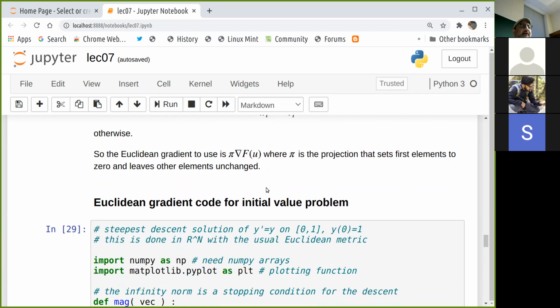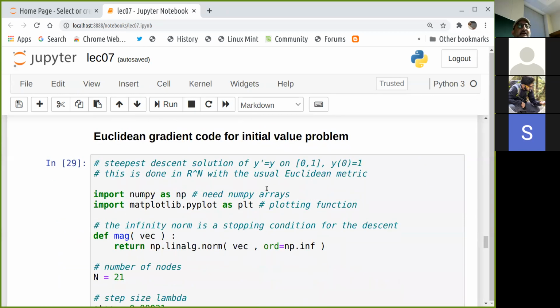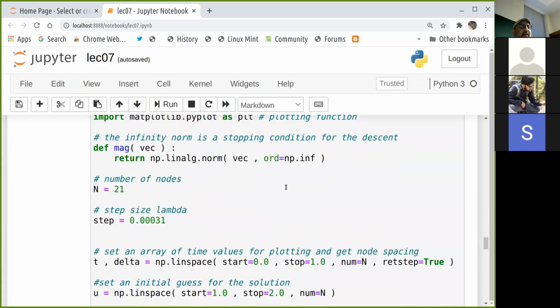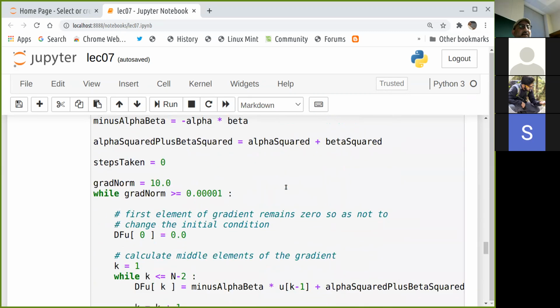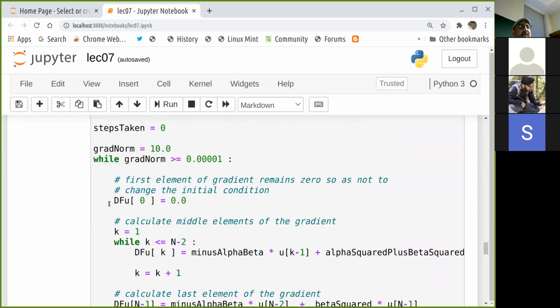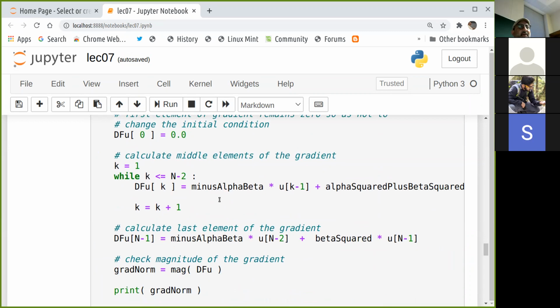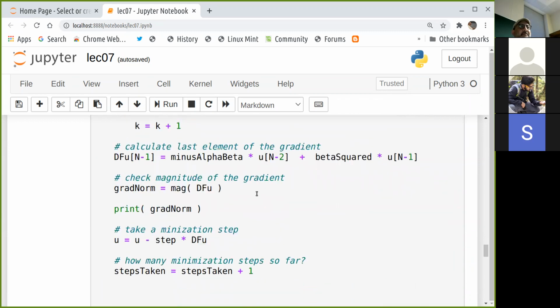All right. So now, if I take a look at my code using steepest descent in the Euclidean space, the only difference is that I just set that first entry of the Euclidean gradient equal to 0. Otherwise everything else is the same as we had before.